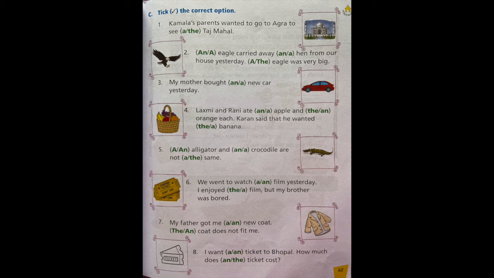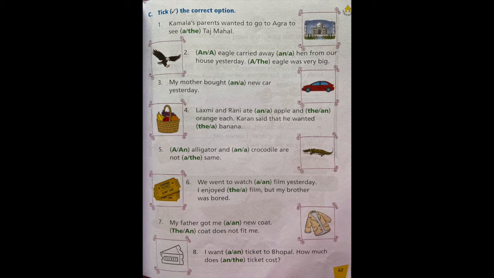An apple. And dash orange each. An orange each. Karan said that he wanted dash banana. Banana is starting with B, consonant sound. So what will we put a tick on? A. He wanted a banana. An apple, an orange, but a banana.